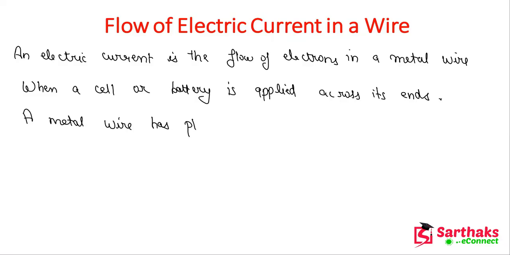Electric current is the flow of electrons, correct? A metal wire has plenty of electrons, and that's why metals are conductors.